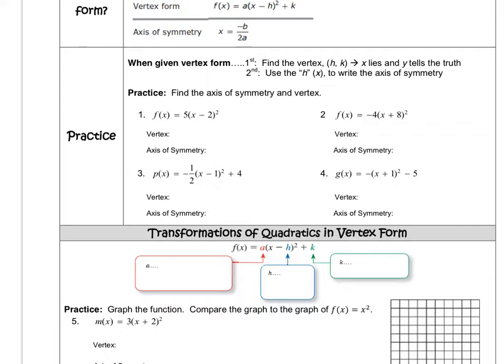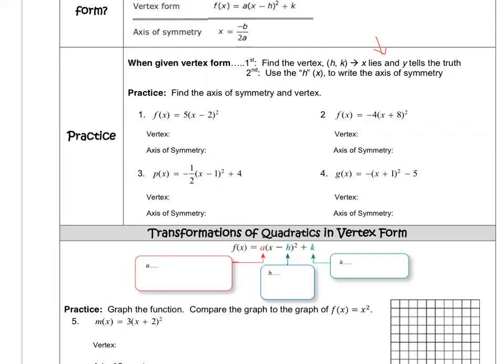The biggest thing we had started to explore was when we were looking at it in vertex form. When we were talking about the translation, what was on the inside of the parenthesis, it was the opposite. So this would be moving to the right too. We have a little saying that might help you remember it, right up here: X lies and Y tells the truth.